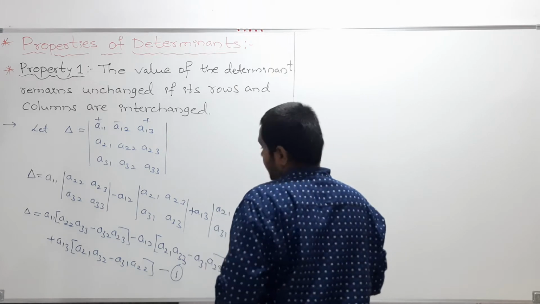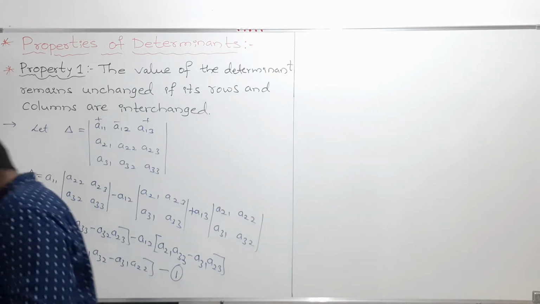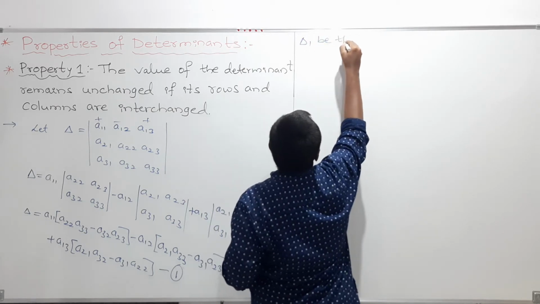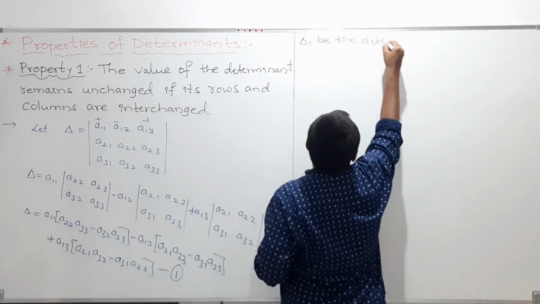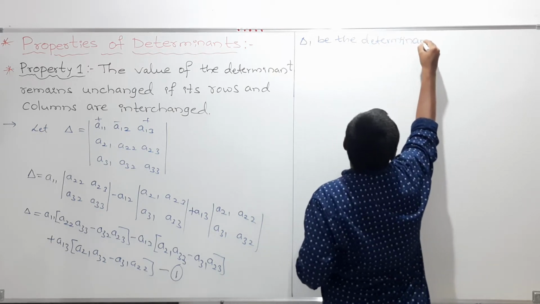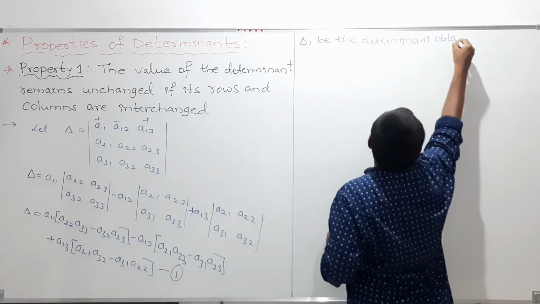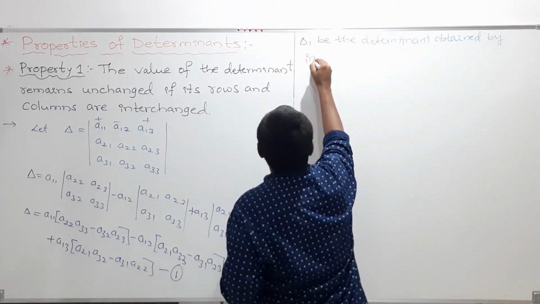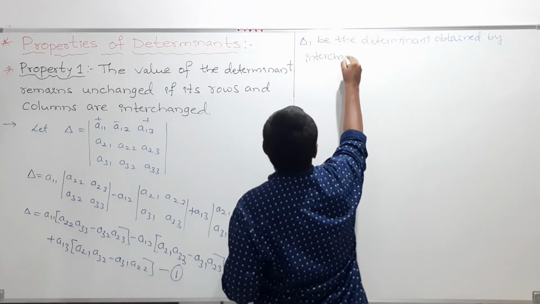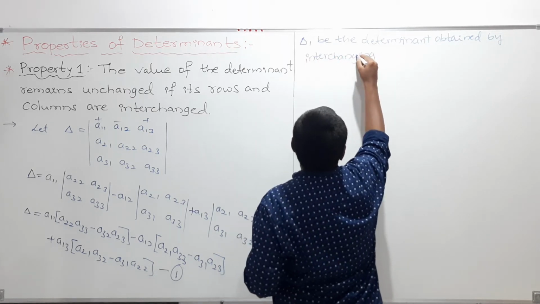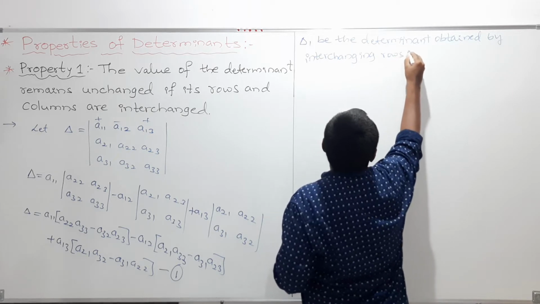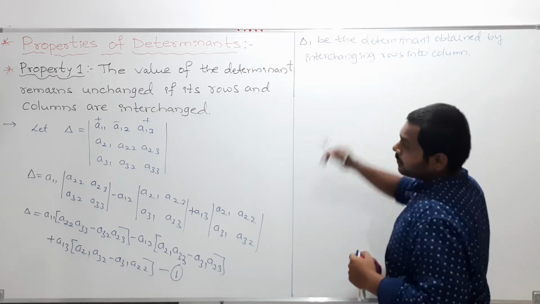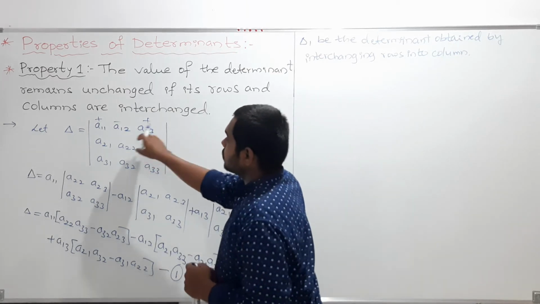So let delta 1 be the determinant obtained by interchanging rows into columns. It means I am changing these rows into columns.